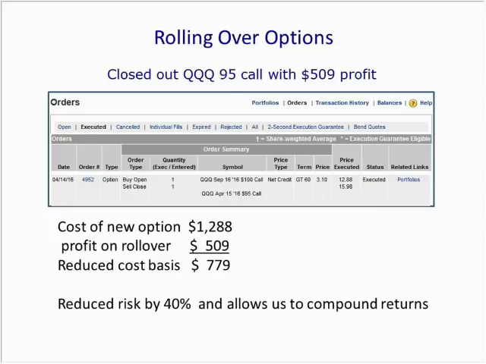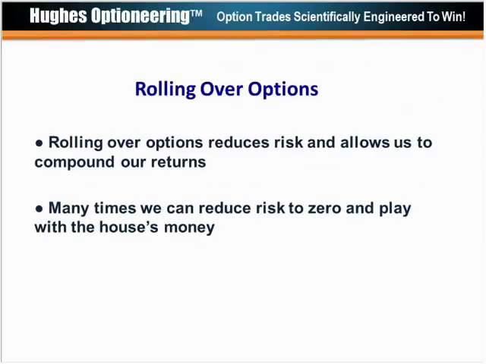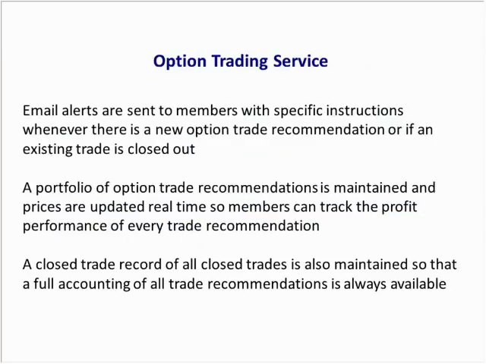So a lot of times we will roll over our ETF option trades, and we can reduce our risk all the way to zero and have a negative cost basis, and then when you do that, then of course you're playing with the house's money. So we like to use rollovers to reduce the risk of the new trade.